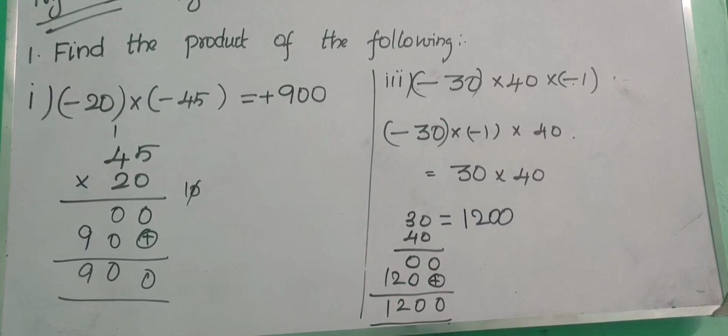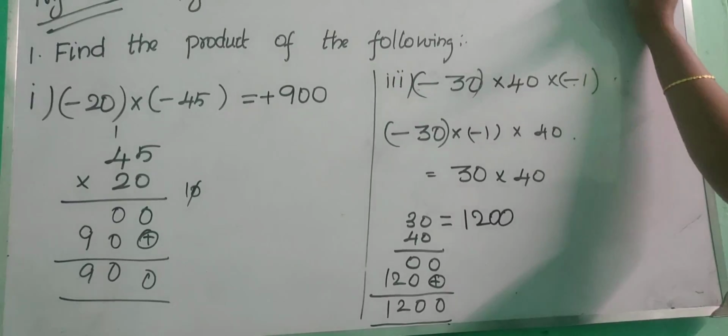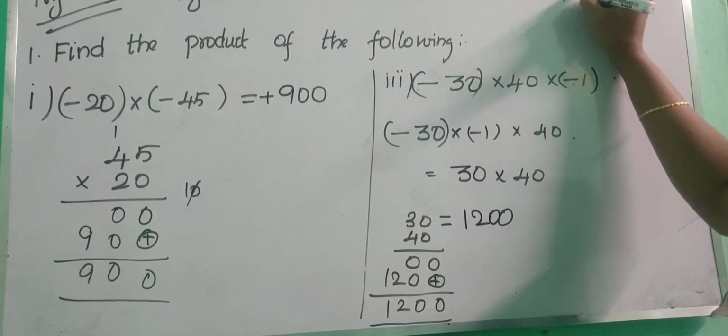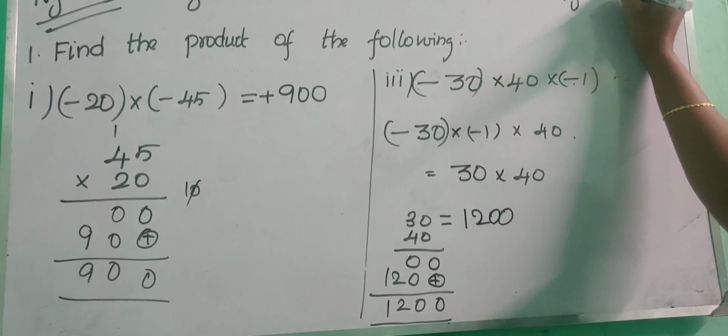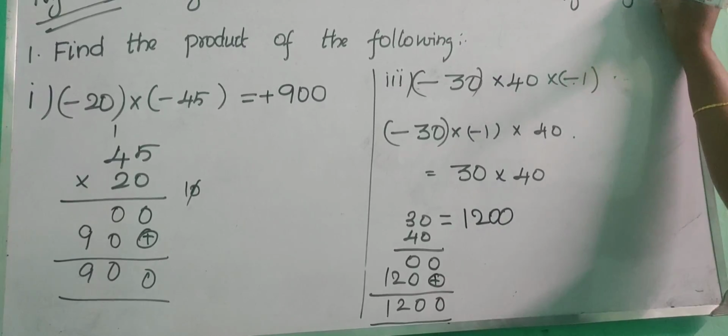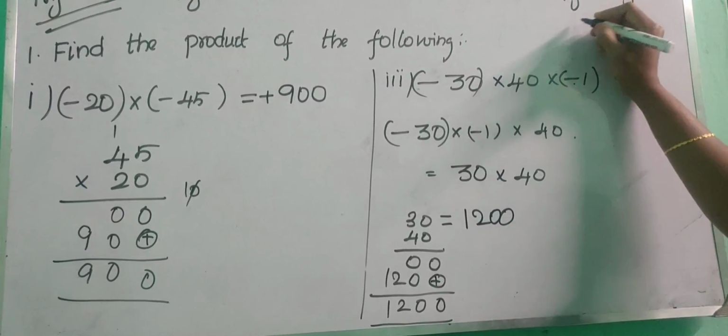Okay, and then in this second and fourth is your homework. So let me give you homework. That's all about this class. Just note down the homework. Homework, page number 16, try these.